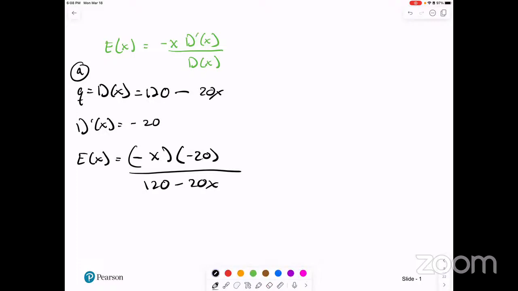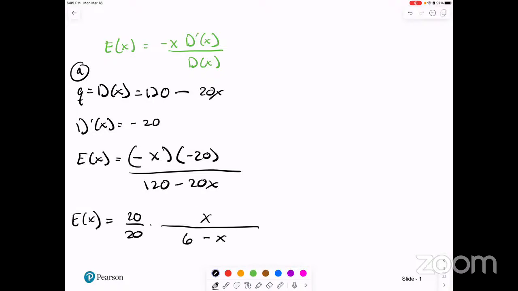So it looks like we can factor out 20 from all terms, right? So this is going to be 20 over 20. On top, we're going to be left with x. On bottom, 6 minus x, then x. All right.